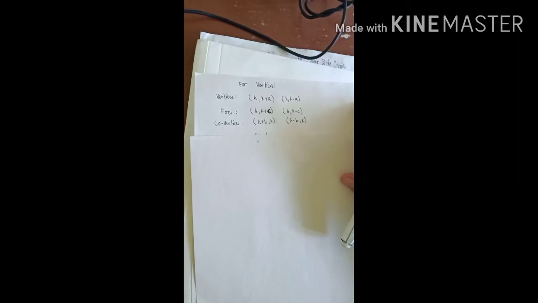Next, for vertical, the vertices are (h, k plus a) and (h, k minus a). For the foci, (h, k plus c) and (h, k minus c). And then, sa covertices naman, (h plus b, k) and (h minus b, k).